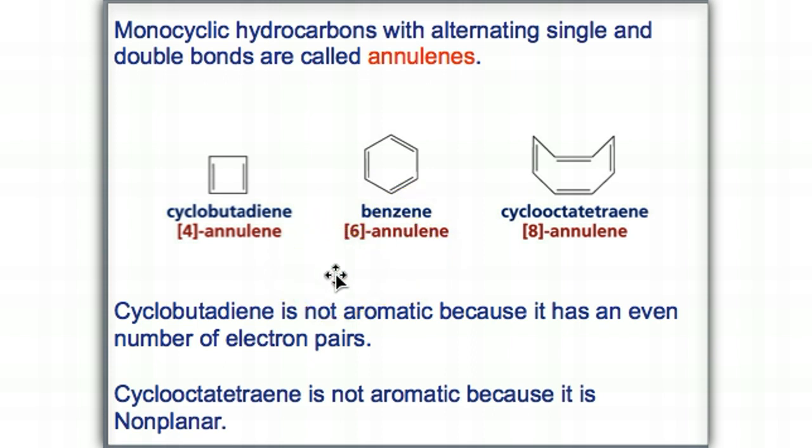It's because they have an even number of pairs of pi electrons. And also cyclooctatetraene is not aromatic because it is not planar, but tub-shaped. Both of these compounds are not as stable as aromatic compounds like benzene. So, cyclobutadiene is not aromatic. Benzene, of course, is aromatic. And cyclooctatetraene is not aromatic.